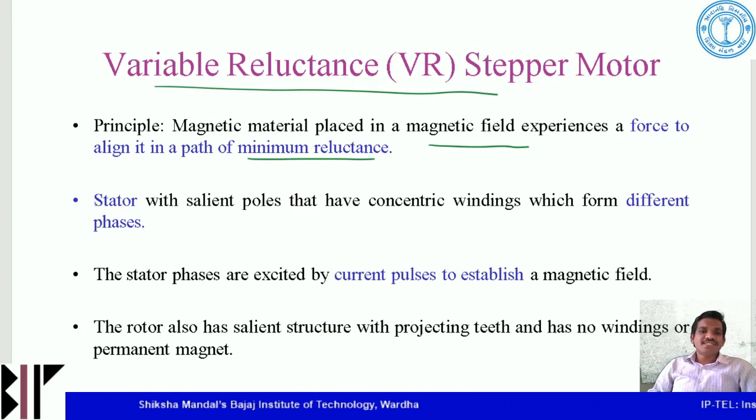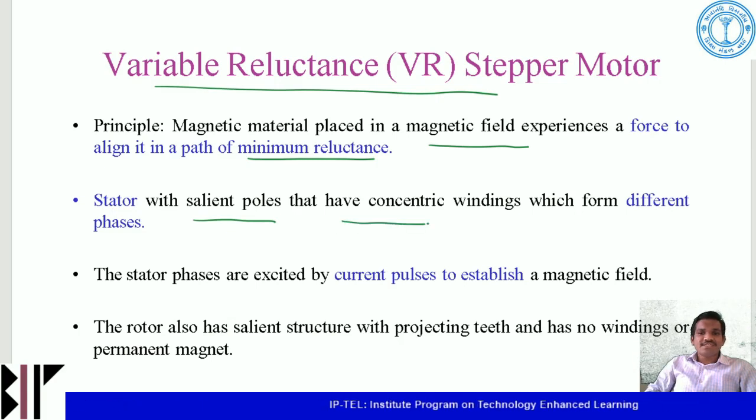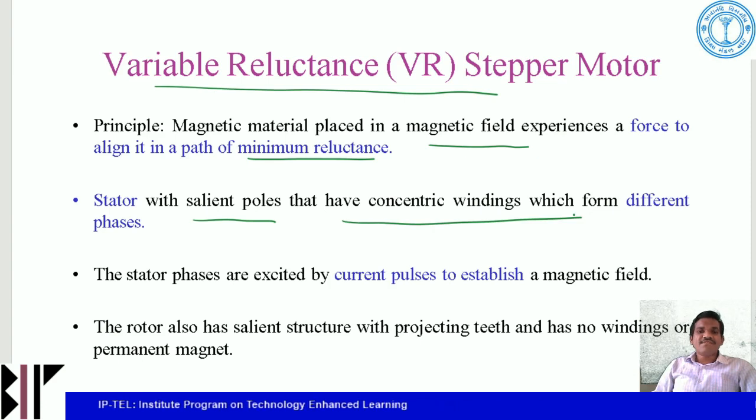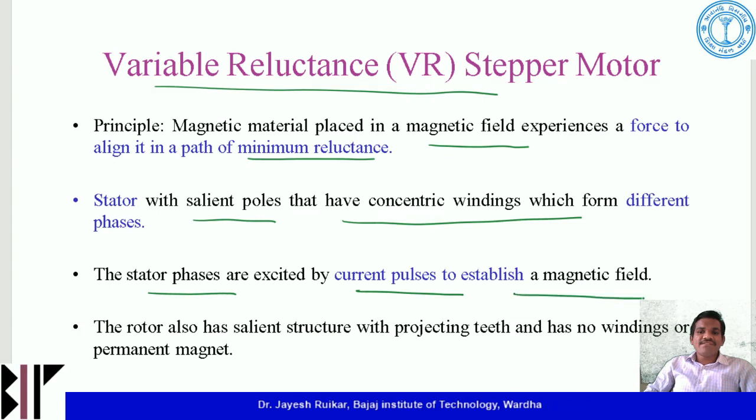When I talk about a VR stepper motor, the stator has salient poles and has a concentrated winding on the stator, which forms different phases, and those are called stator phases. These stator phases are excited by a current pulse which will generate a magnetic field.